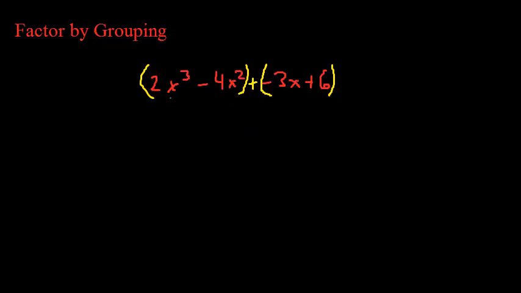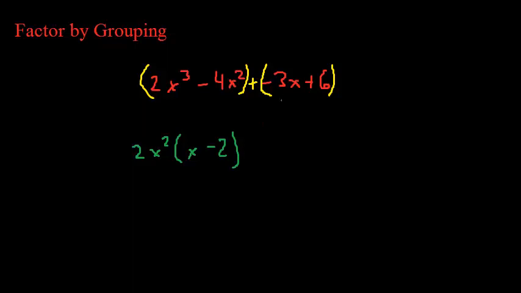So what I want to do then is factor out the greatest common factor of the first two terms here, and then factor out the greatest common factor of this second grouping. First here, my greatest common factor is 2x squared. So I'll pull out my 2x squared. That leaves me with x minus 2.